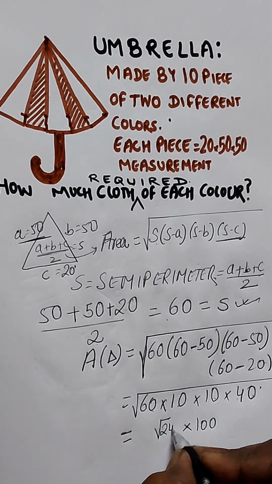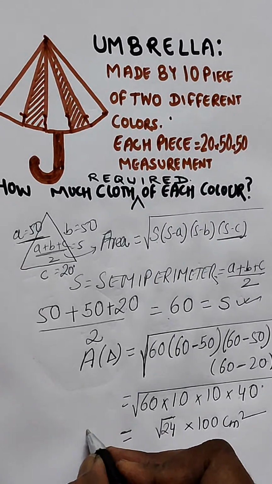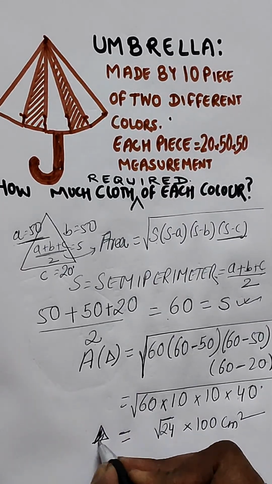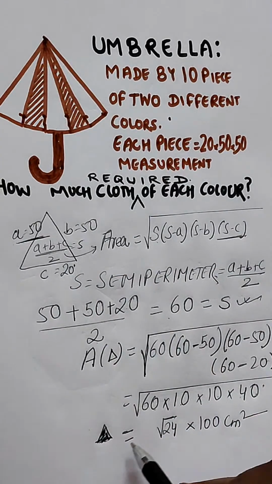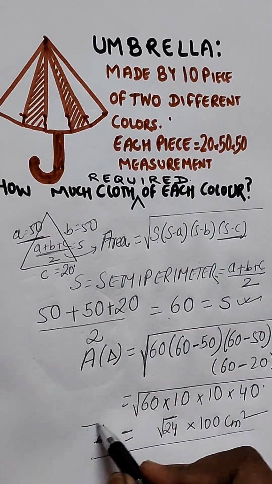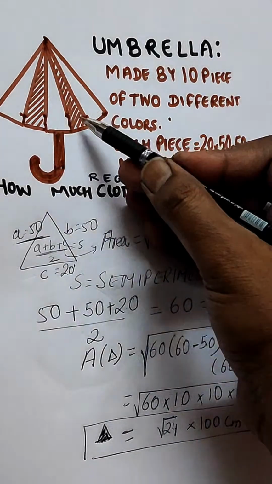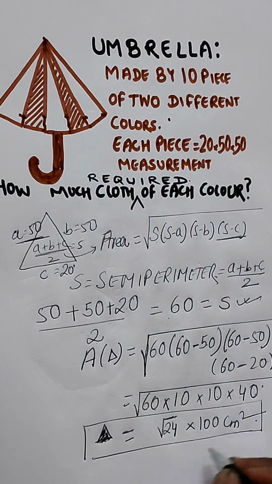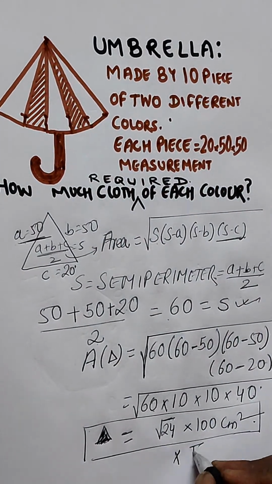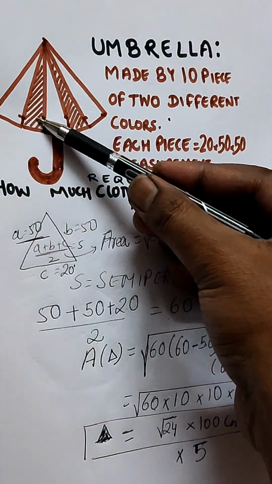Root over of 24 into 100 centimeter square is the area of one of the triangles, right? Now this is the area of one triangle that you have calculated, and there are 5 shaded pieces, so this will be multiplied with 5 because 5 such pieces are required, right?